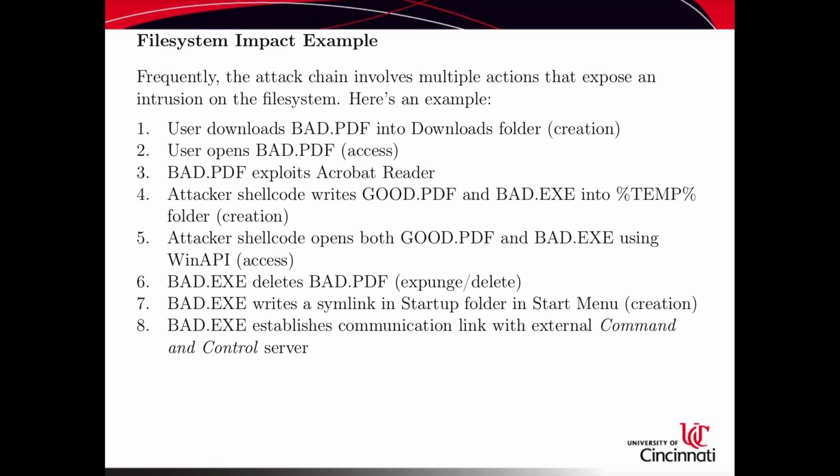Very commonly the attack chain involves multiple actions that will expose an intrusion on the file system. An example might be, and I gave an 8-step example here, say I get an email, a phishing email. The email tells me to click on this link to view a purchase order that's supposed to be sent to me.